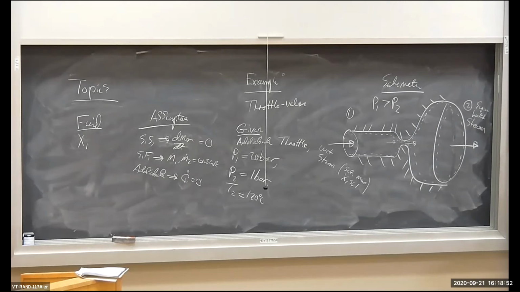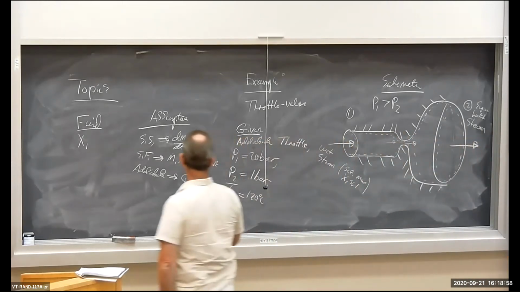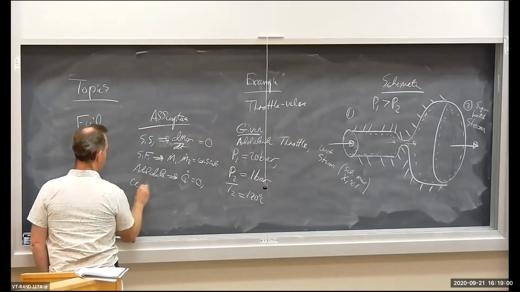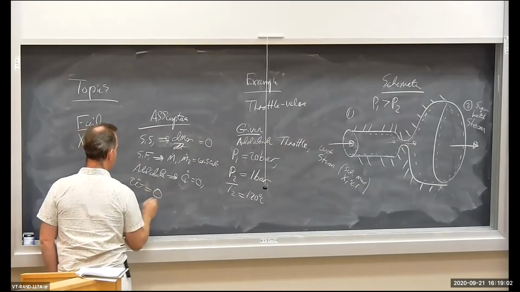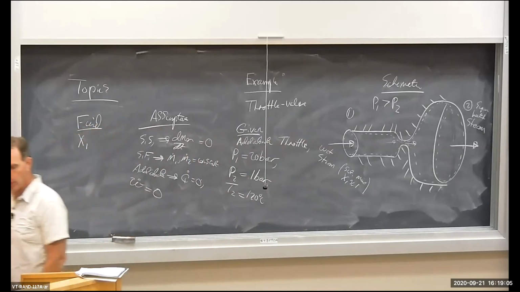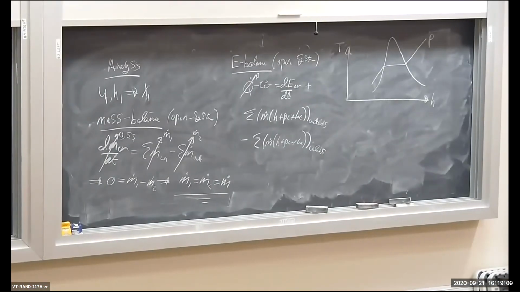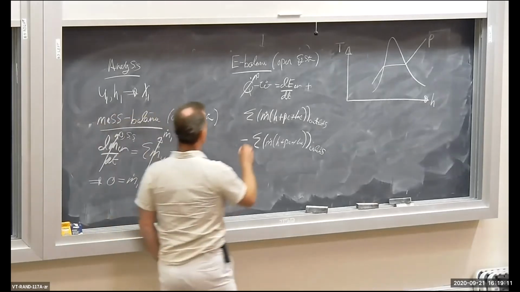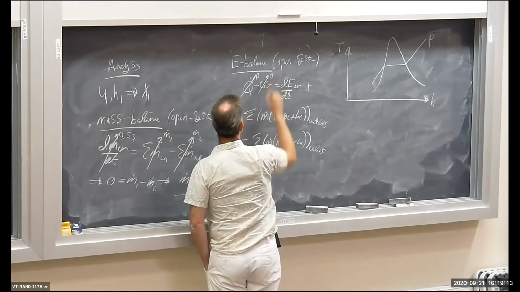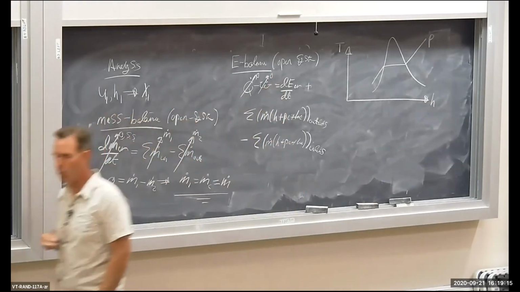Therefore, it's not changing volume, so there is no boundary work. So I'm going to write down here in assumptions: W dot equals 0. No shaft, no electric, no boundary work. Okay, no work.